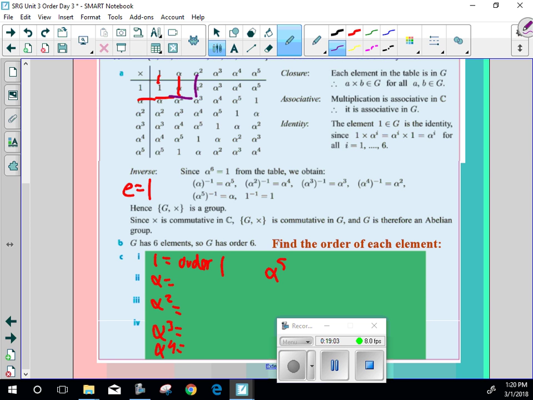Then it's 3, then it's 4, then it's 5, and are we going to make it to 6? Yes, 6. It's so weird it makes sense. So this is going to be order 6. You have to go through all of those until you get it.